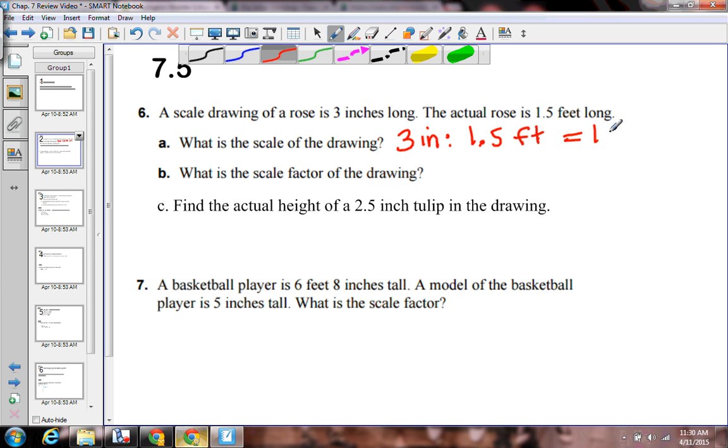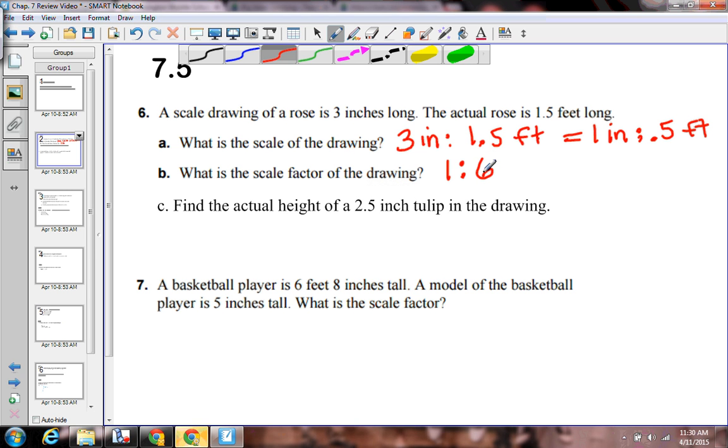So this way we'll know that 1 inch, by dividing by 3, stands for 0.5 feet. When we're finding the scale factor, we need to compare inches to inches. So we're going to say that 1 inch would go with 0.5 feet, which is 6 inches.